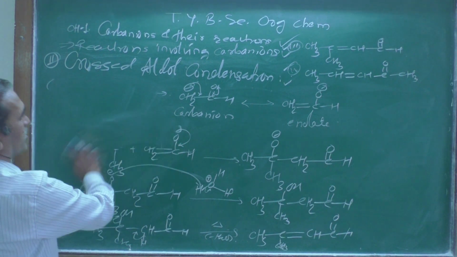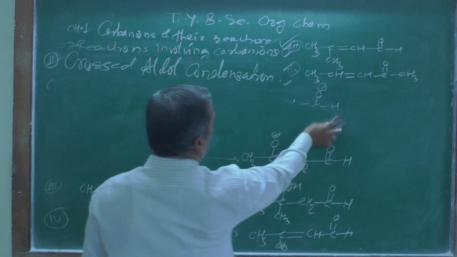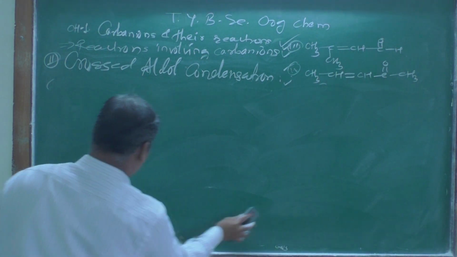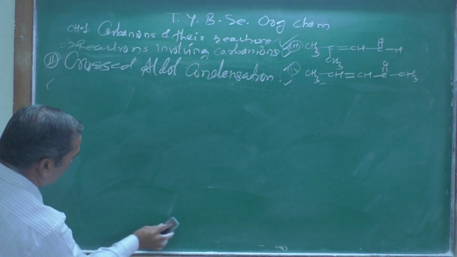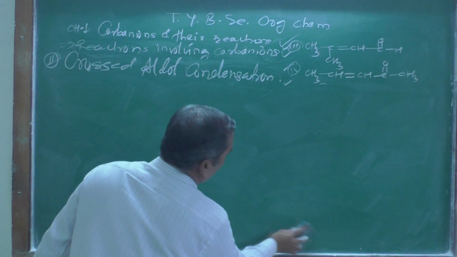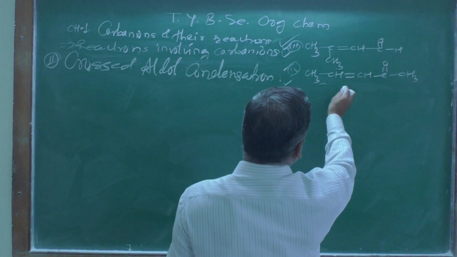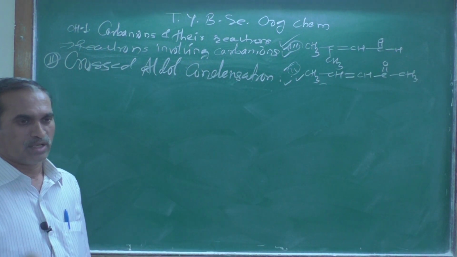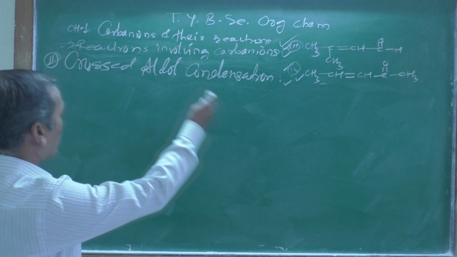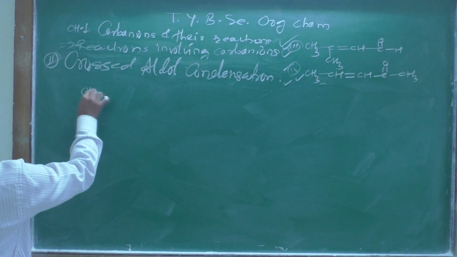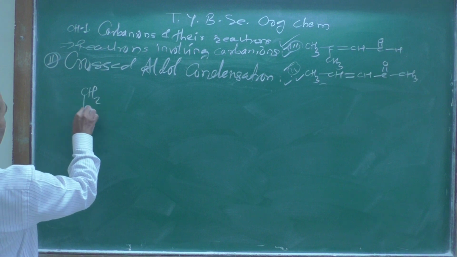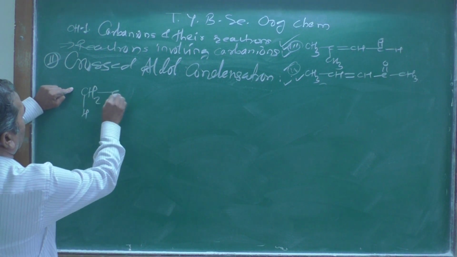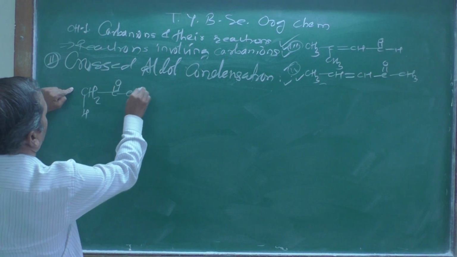Now let us see one more example over here. So how do you get that fourth one? Let's begin with this fourth one, CH3, CH double bond, CH3. Now take acetone here, CH2, H. I am taking acetone as a starting compound, and then C double bond O and CH3.